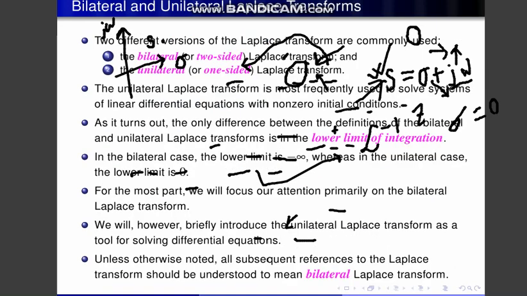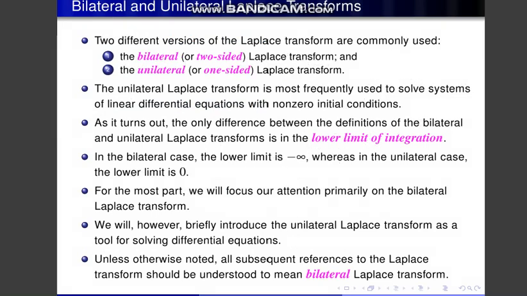Now, the main part is that while you are using the bilateral or unilateral Laplace transform, there are two types of Laplace transforms. First is the bilateral Laplace transform, that means the two-sided Laplace transform. Second is the unilateral Laplace transform, that means the one-sided Laplace transform.